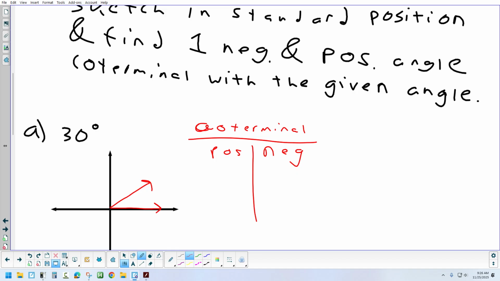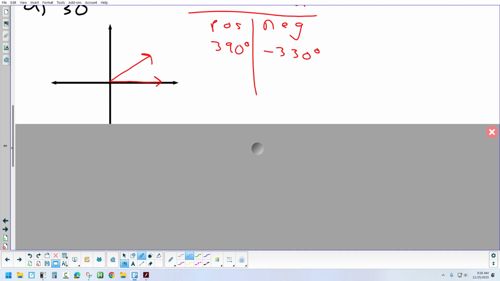What's an angle that's coterminal with 30 degrees and has to be positive? Preferably the next positive coterminal angle. Don't give me something in the millions. Yeah, 390. And what would be an angle that is coterminal with 30 degrees, but negative? Yep, negative 330. There you go. So there's an angle that's coterminal, positive and negative.